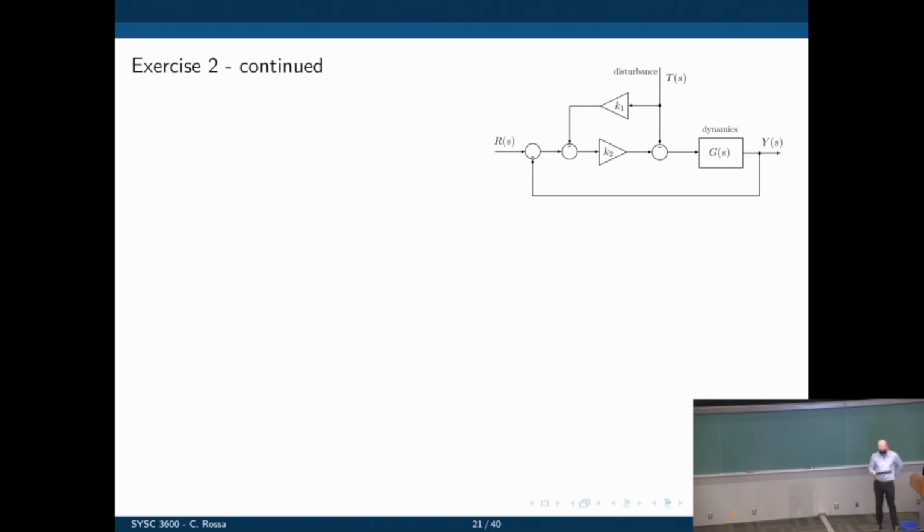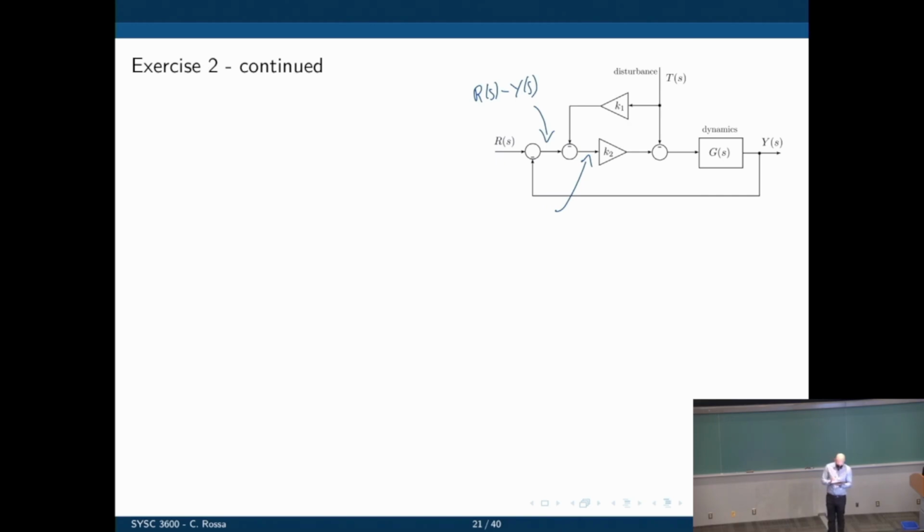Well, we need an expression for Y. Let's try to find that expression. This is a bit different than what we just did, because you're going to come up with an equation here. What's the signal here? It's R of S minus Y of S. What is the signal there?